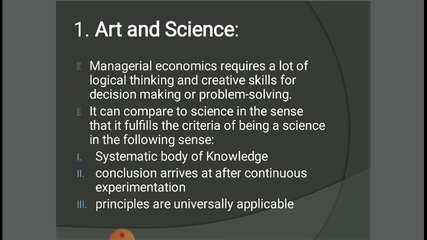Whatever principles of economics were in use in the 19th century cannot be put to use in the 21st century. The principle will remain the same, but it requires some modification. So after comparing with these three features of science, we can say that managerial economics is science as well.